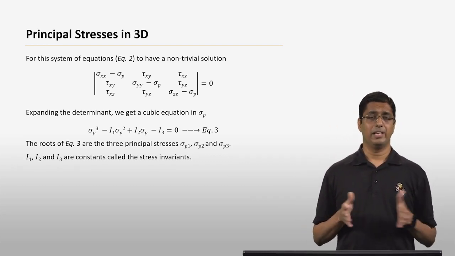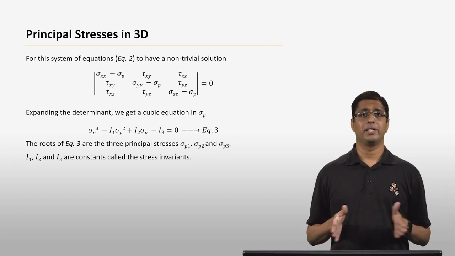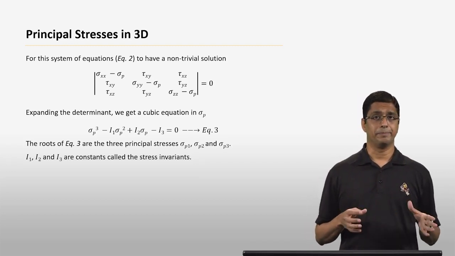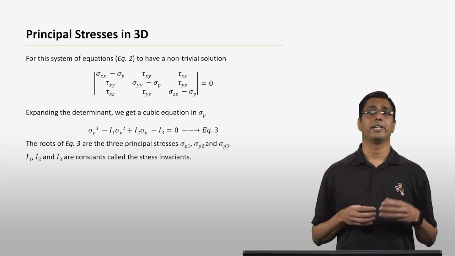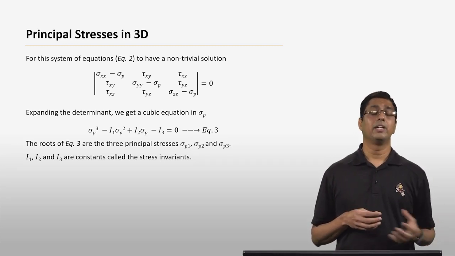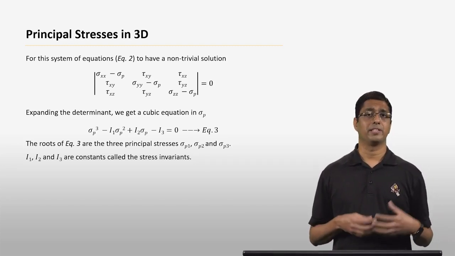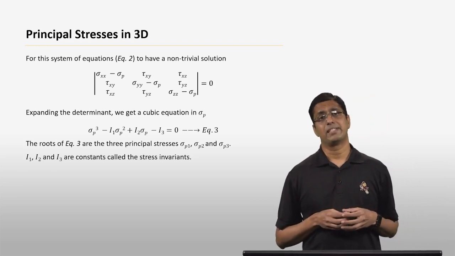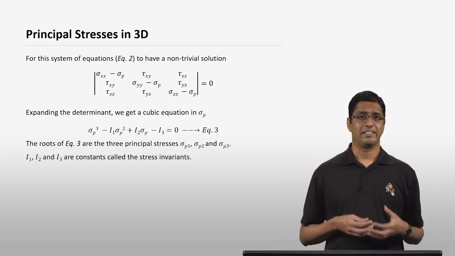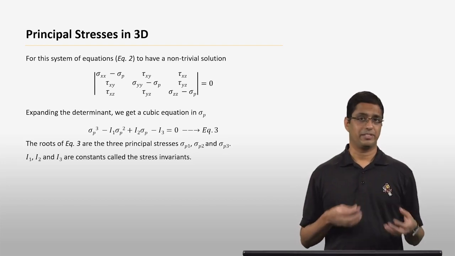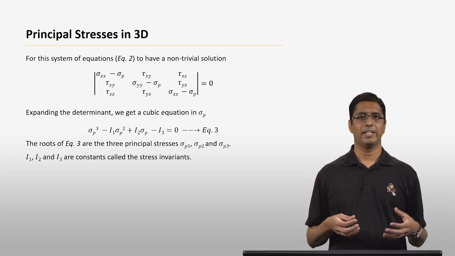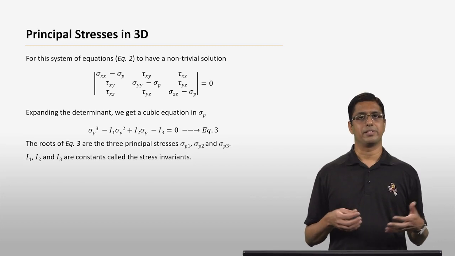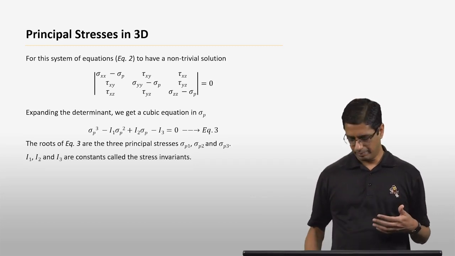So the process is very similar to finding principal stresses in 2D, except that now instead of a quadratic equation, we are looking at a cubic equation and solving it. This cubic equation in sigma p is sometimes called the characteristic equation, or sometimes just the cubic equation. By solving it, you get the 3 principal stresses, sigma p1, sigma p2, and sigma p3.